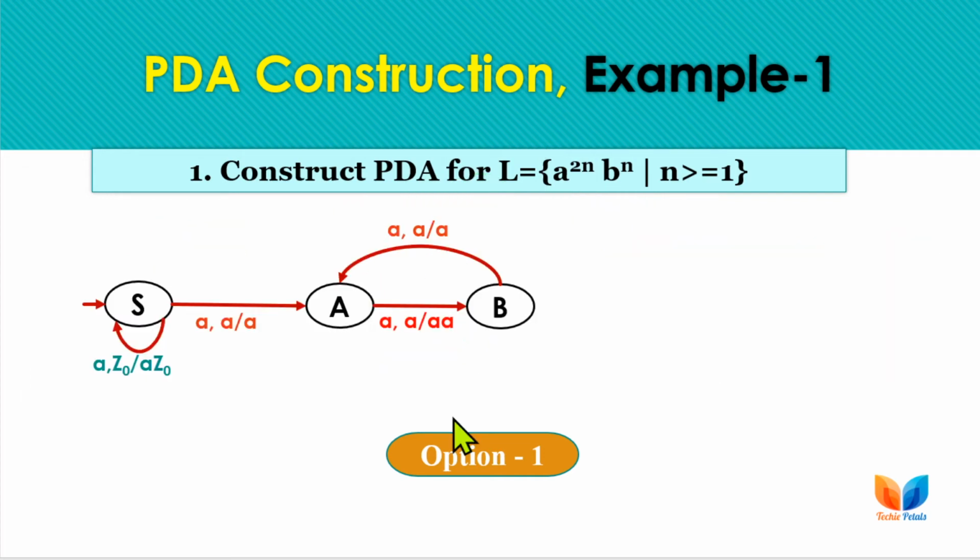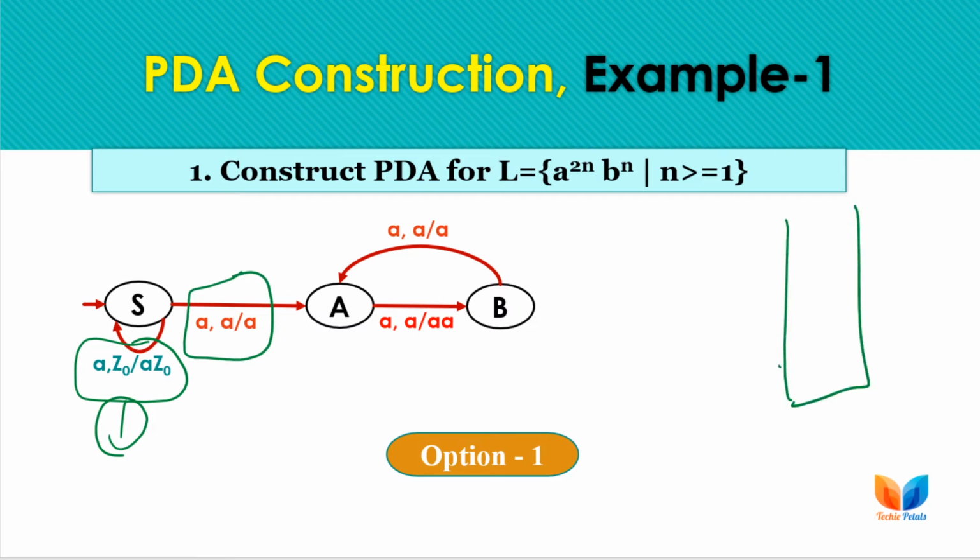So here is the implementation part. We have just pushed the first A onto the stack with this transition, as for the first A the stack top must be Z0. Suppose we have pushed the first A onto Z0, out of 4 A's.